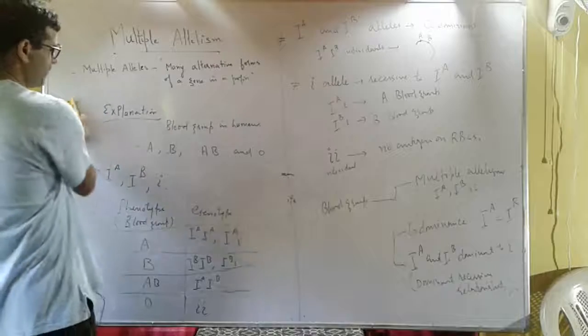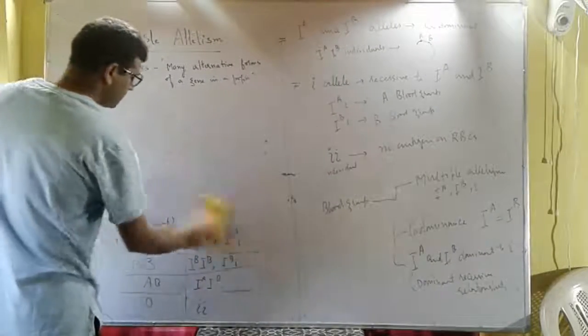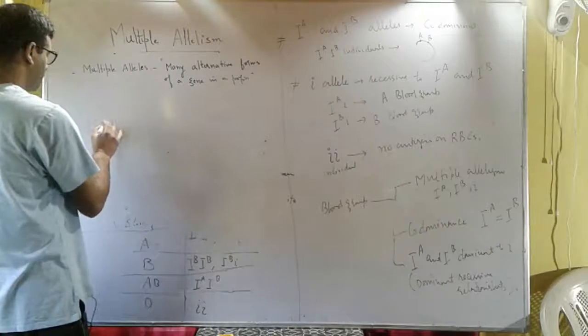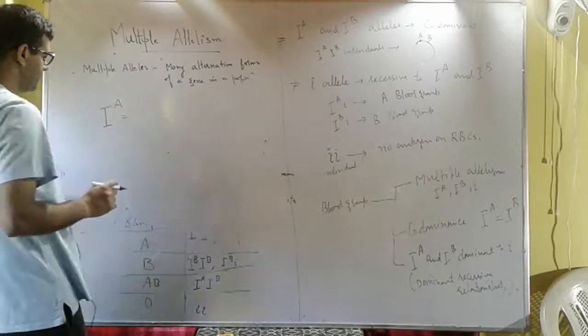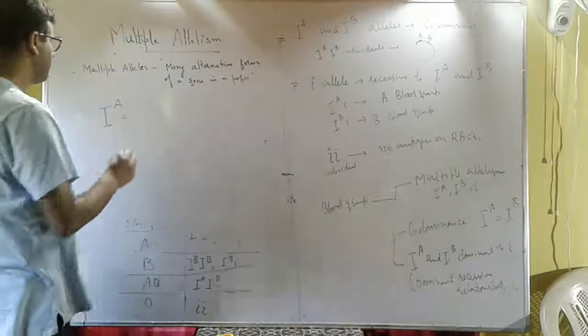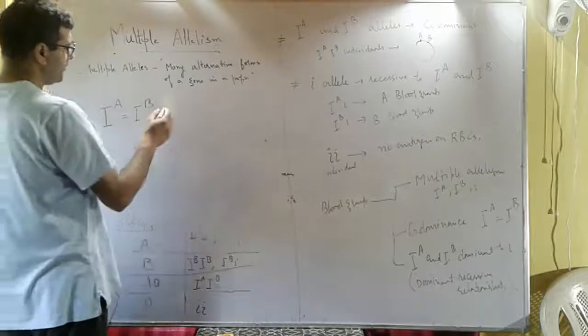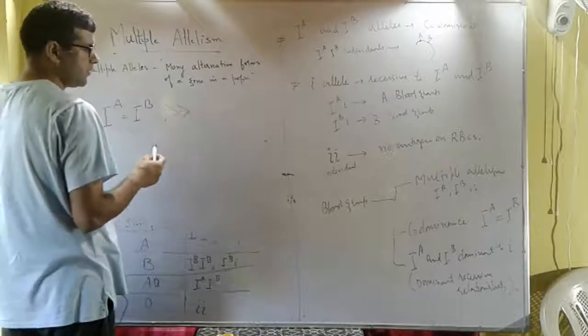So we can write it like this. Blood group in humans: capital IA and capital IB are codominant and they are dominant over small i.